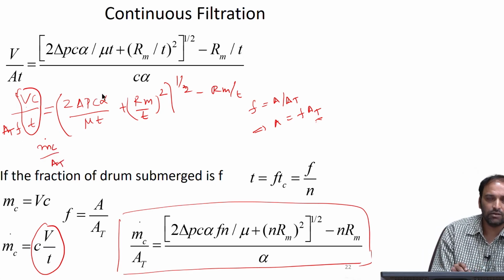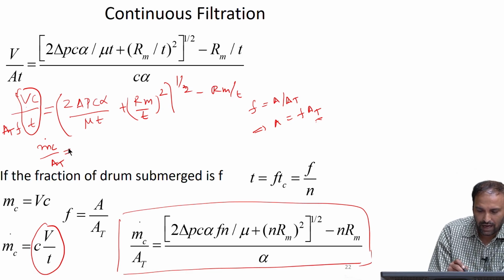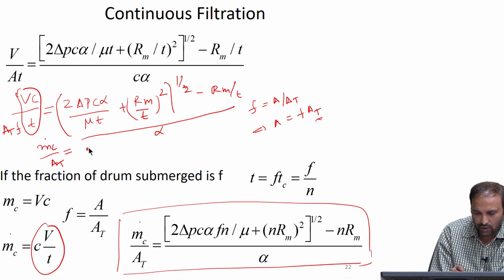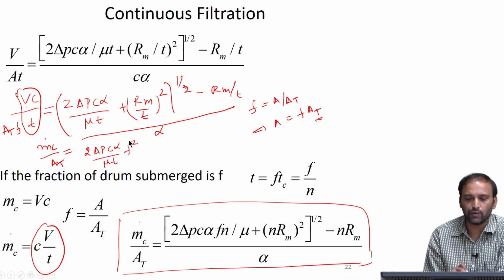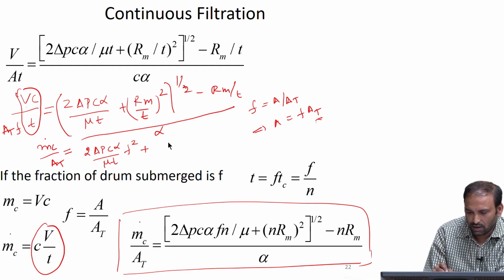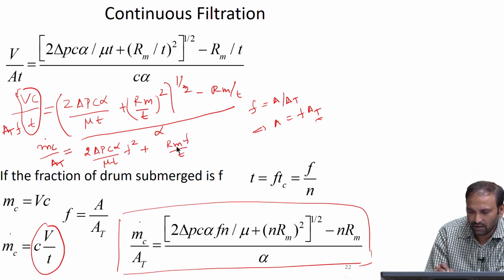I am going to take f to the right hand side, and of course I have divided by alpha here, because I am going to take f inside the bracket. So essentially I have 2 delta p c alpha mu into t multiplied by f square, plus Rm into f divided by t, whole square to the power of half.